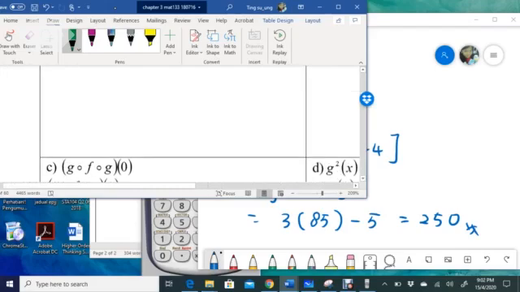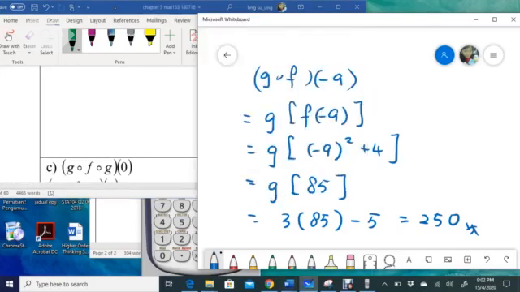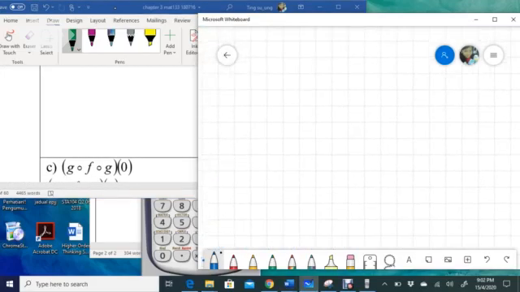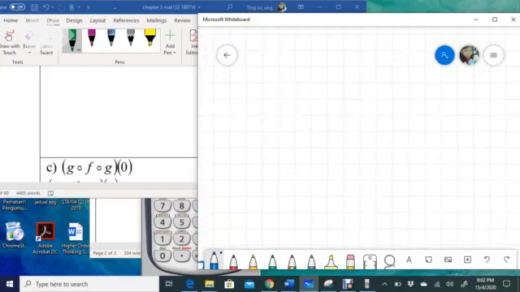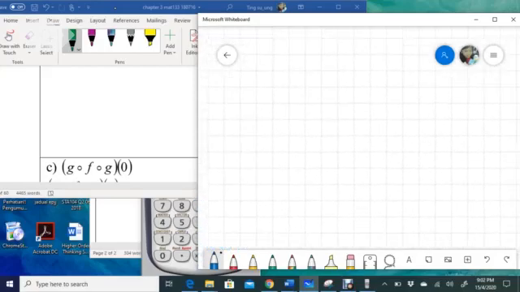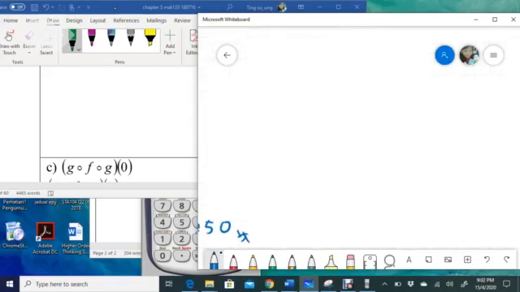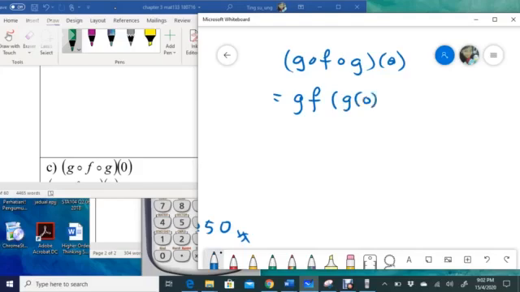Okay, so how about C? You have g(f(g(0))). So that means you have g, f, then inside is g(0).